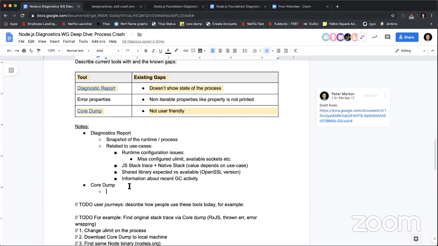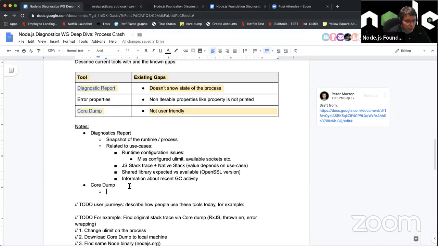I guess everyone mentioned core dump, so I guess everyone is familiar. Let's just put a couple of points, so that if someone reads these notes after the meeting, they know kind of what it is. It lets you have a full memory image of what was going on. So you have a more complete picture, right?